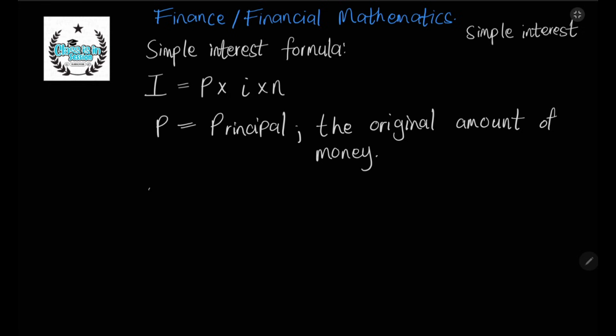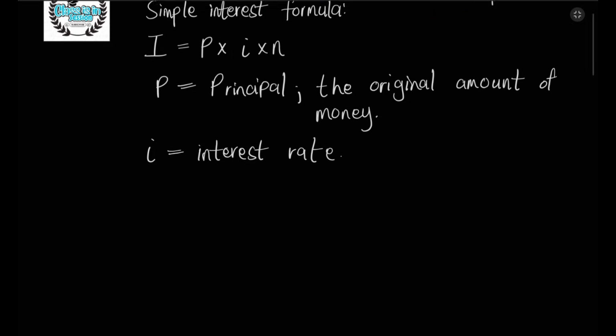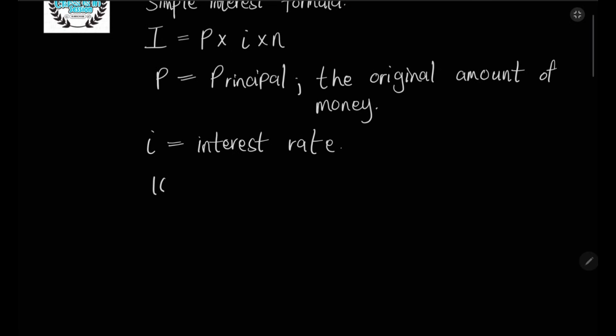We then have I, which is the interest rate. So the interest rate is usually written as a decimal, okay? Meaning if you have, let's say, 10%, how do you write this as a decimal?